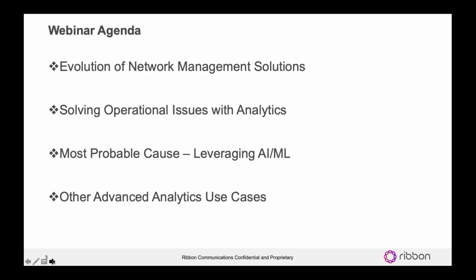And we'll also go into how analytics actually plays a key role in solving a lot of these operational issues in terms of looking at the big data, looking at the vast majority of network elements and the various feeds that they can provide to help you solve that.